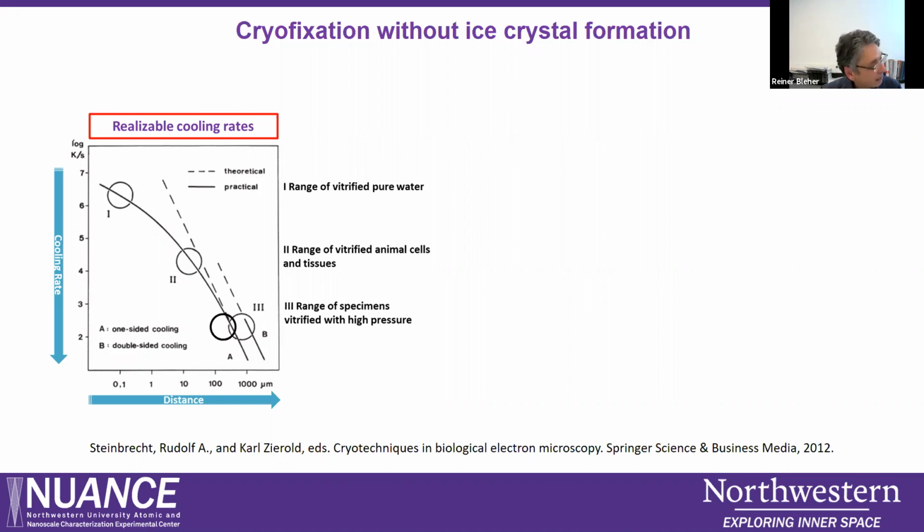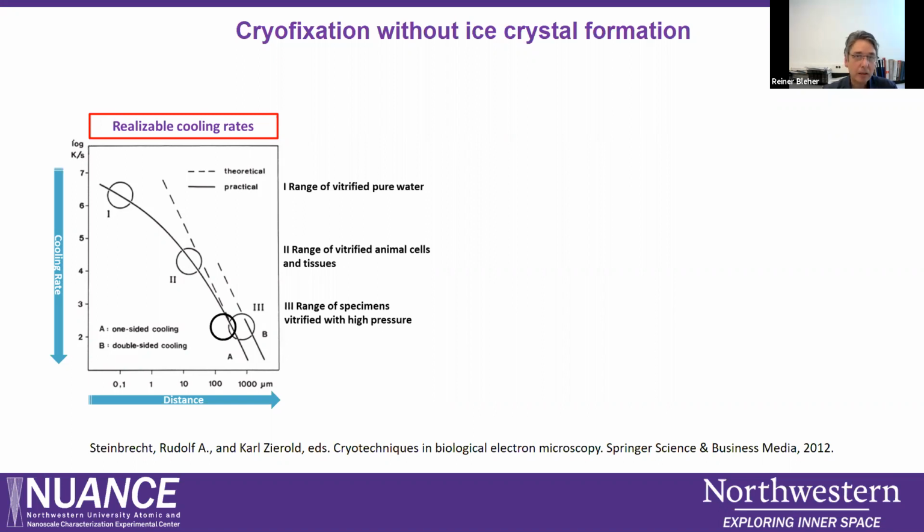The problem is that both sides with double-sided freezing need to be frozen simultaneously, and if we have a freezing rate of 10,000 degrees per second, we also need simultaneous freezing in the 1/10,000th of a second, and this is basically not achievable.